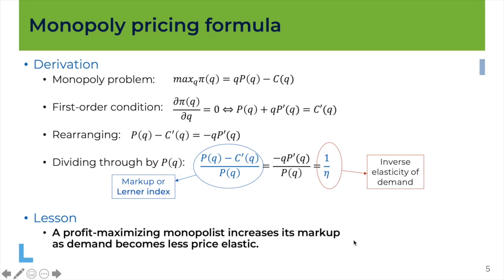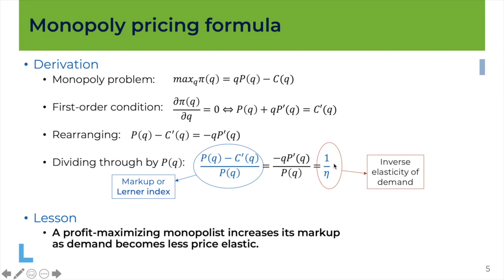Okay, so we just note this lesson here. A profit maximizing monopolist increases its markup as demand becomes less price elastic. Okay, so what does that mean? If the demand becomes less price elastic, it means that eta here decreases. If eta decreases, 1 over eta increases.